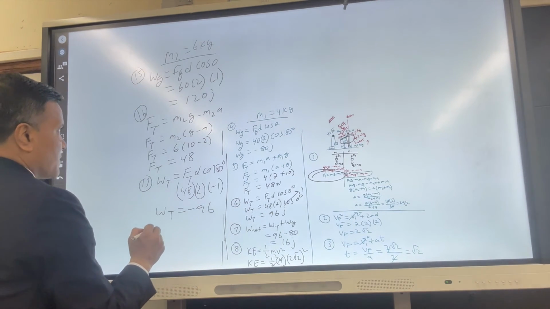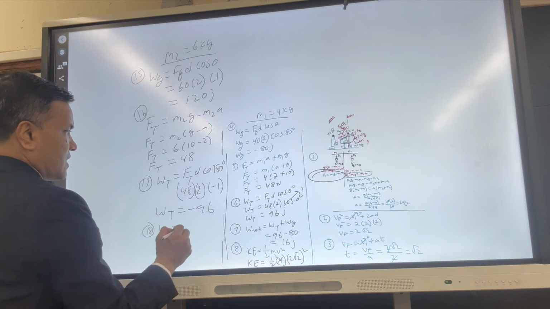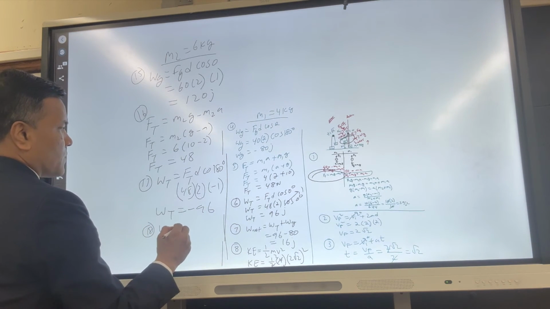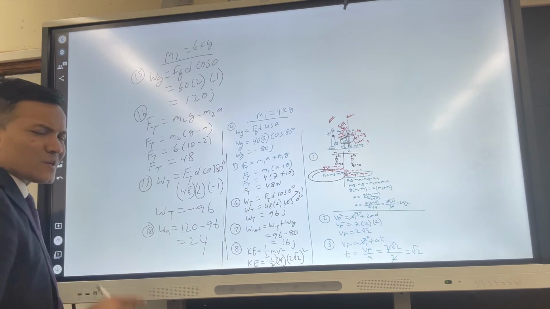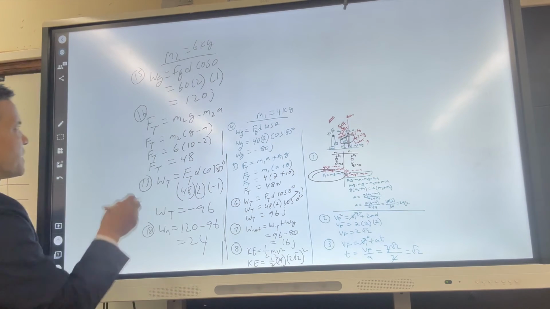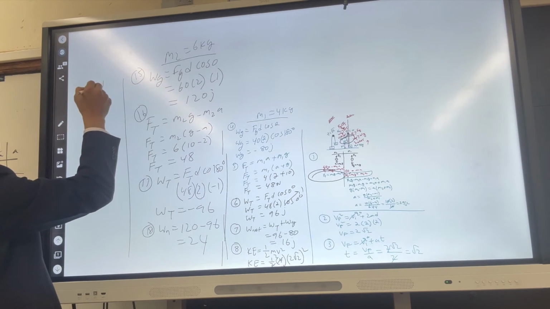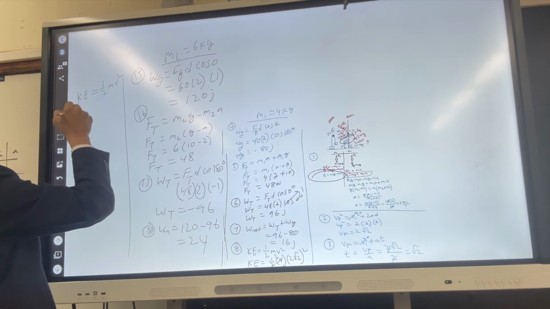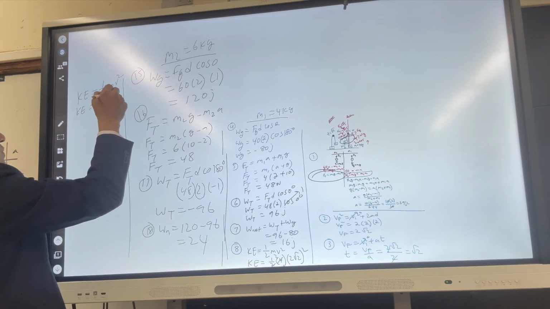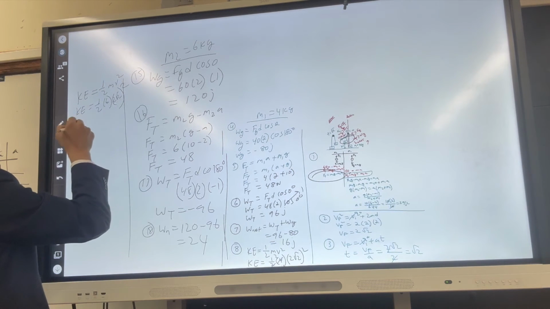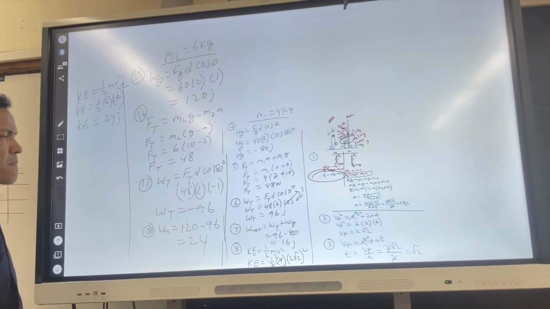So number 18, net work is 120 minus 96, so it's 24. We're going to check whether 24 is right by plugging in K is equal to half mv squared. K is equal to half times 6 times 2 root 2 squared, which is indeed 24 joule.